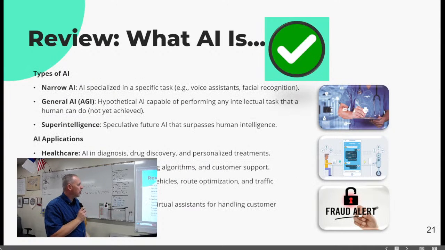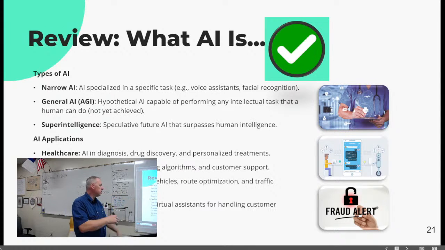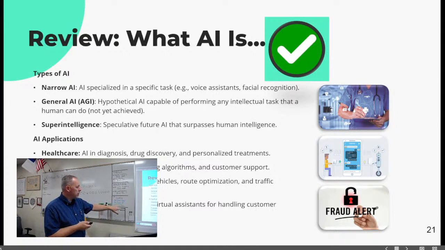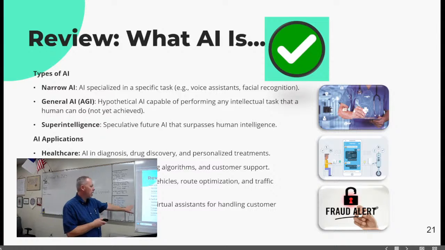All right. Again, talking about narrow AI, general, super intelligence, speculative versus reality. Healthcare applications, finance, transportation, autonomous vehicles, route optimization. And I am blind without my GPS. I really am.